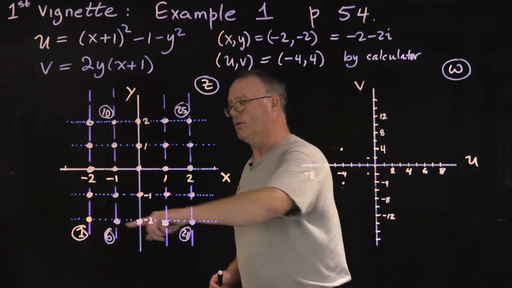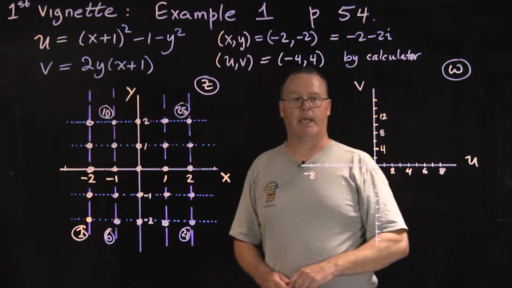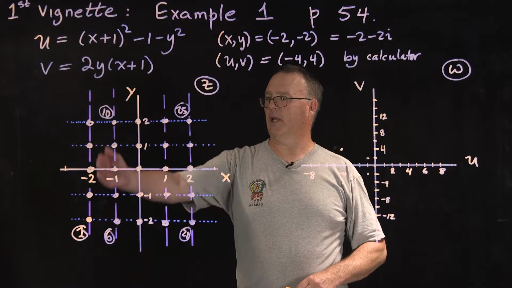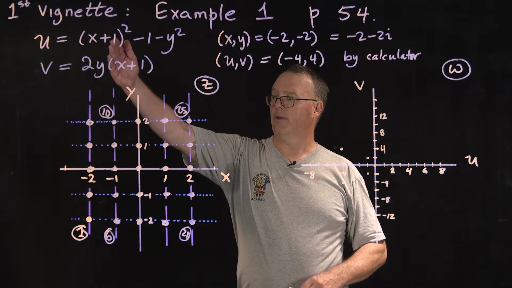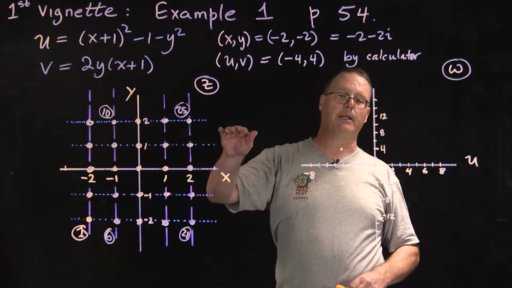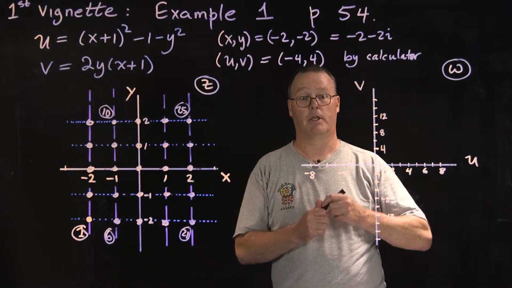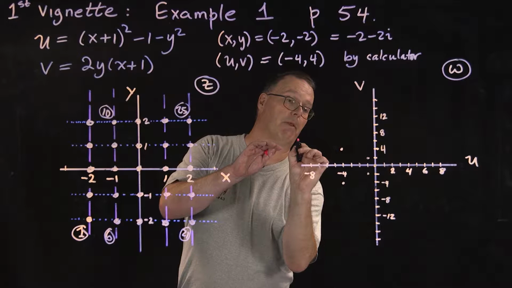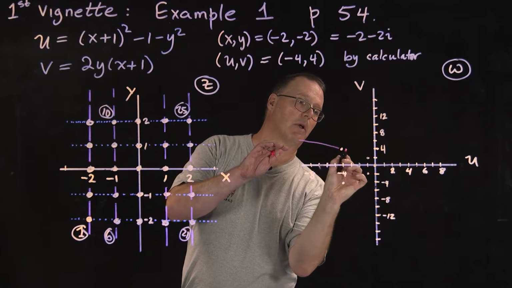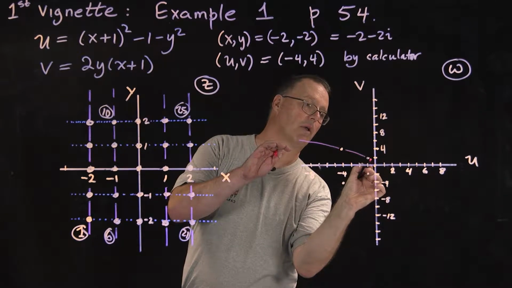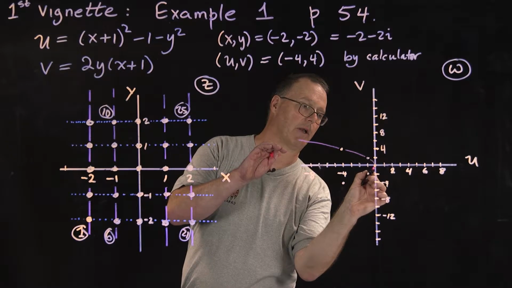Great. So I've mapped 5 points, and if I drew a line, this red line, through these 5 points, you expect that a line will go through these points. And in fact, that's exactly what happens. And what we get, if we did more points, is a curve that looks much like that.